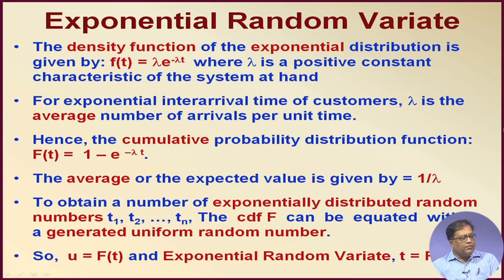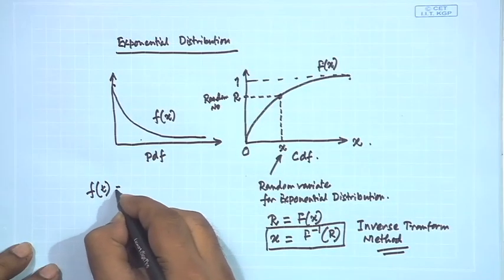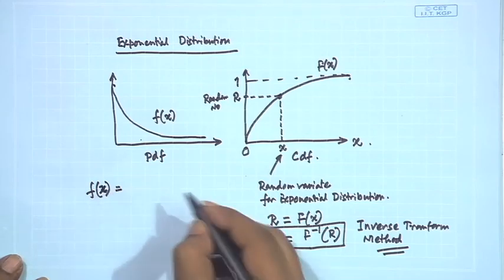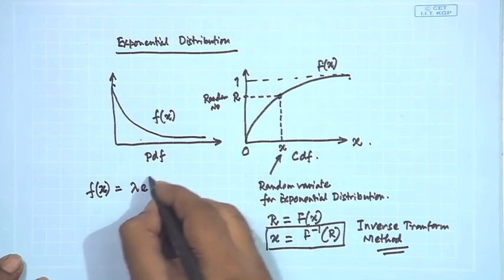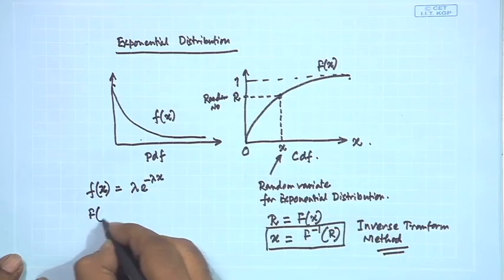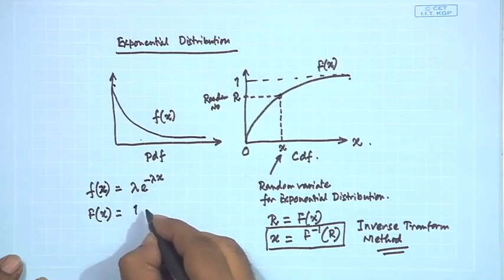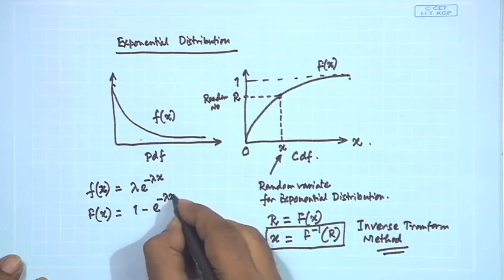So, what happens in exponential distribution? In exponential distribution, what is the value of f(t)? The value of f(t), or even f(x) you can write, because here we are writing x, is lambda e to the power minus lambda x. So, what will be capital F(x)? The cumulative distribution function will be 1 minus e to the power minus lambda x.